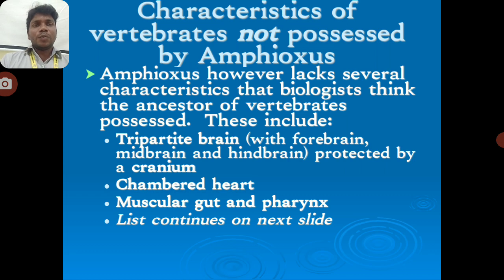Vertebrates have several characteristics that biologists think the ancestor of vertebrates possessed. These include a chambered heart, muscular gut and pharynx with continuous pharyngeal slits, and a tripartite brain, forebrain, midbrain and hindbrain, protected by the cranium.